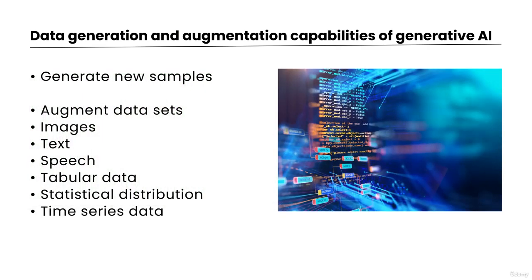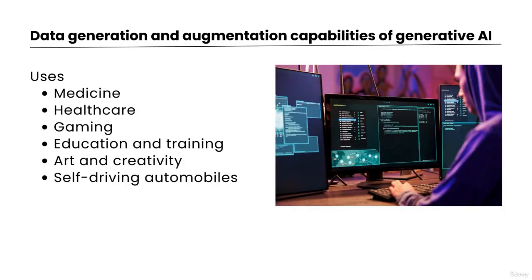These models can generate new samples and augment datasets for images, text, speech, tabular data, and statistical distributions, as well as for time series data, finance, and many more. The data generation and augmentation capabilities of generative AI have application in medicine, healthcare, gaming, education and training, art and creativity, self-driving automobiles, and many more.